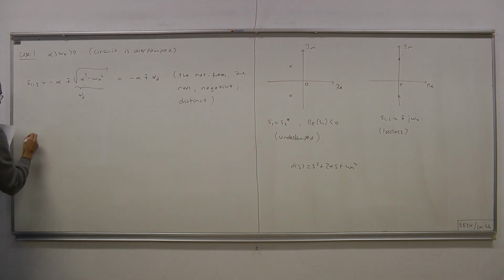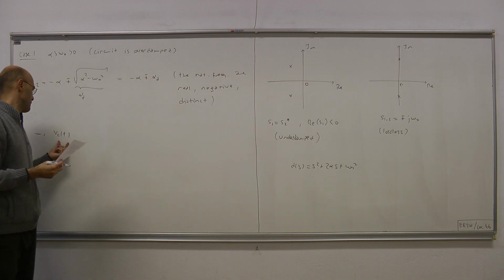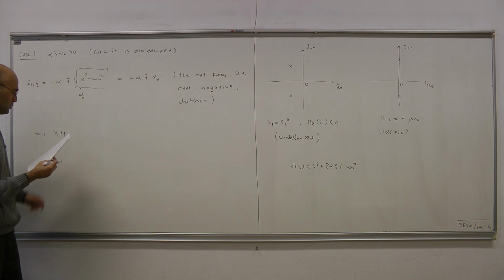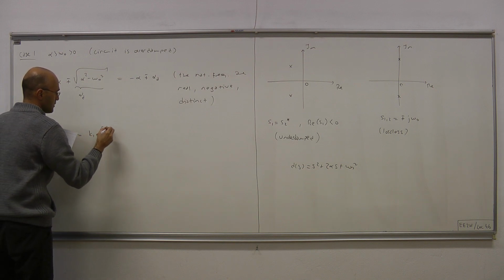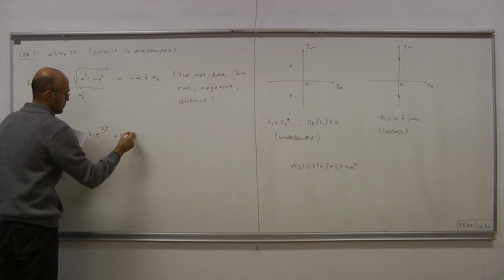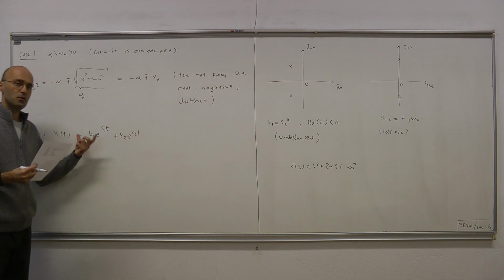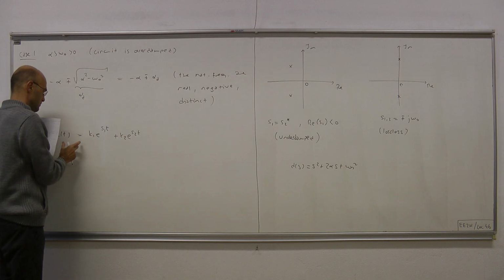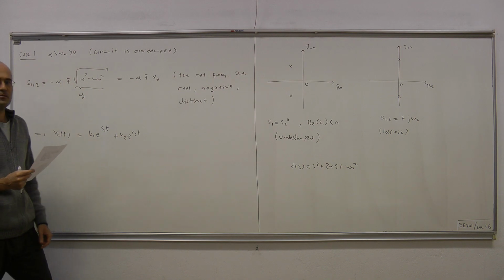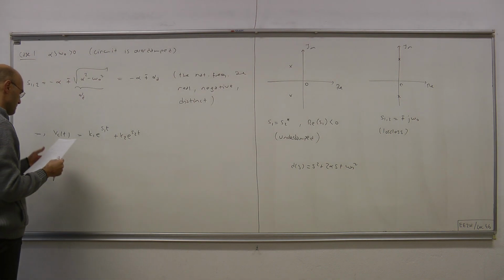So in this case, suppose that we're dealing with capacitor voltage, the solution has the following form: K1 e to the S1t plus K2 e to the S2t. Okay, so this is the homogeneous solution, which is the entire solution, because we're considering the zero input case.